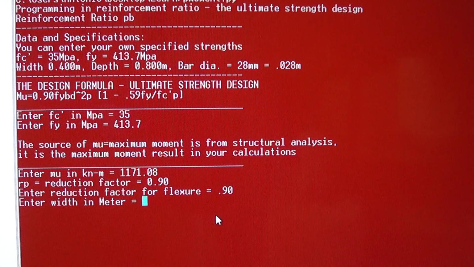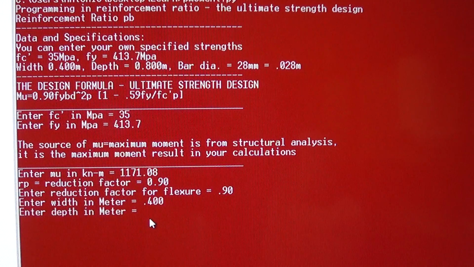Now the width of the beam is 400 millimeters. It's asking you in meters right here, so you convert that 400 to meters, which is 0.400. Again, the depth of the beam is 800, so 0.800. I just put 800.